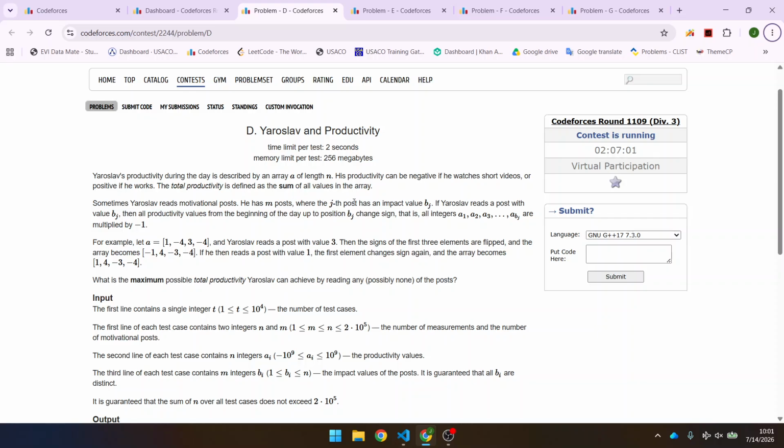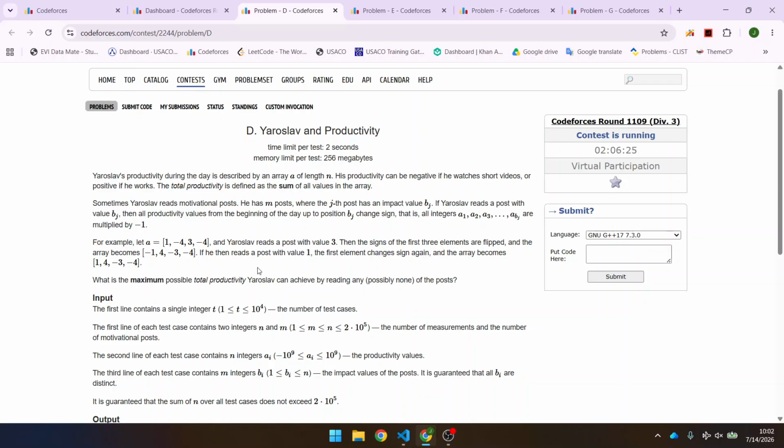Array a of length n, a negative is watching a short video, positive it works. Okay, the sum of all values in an array. Sometimes he reads motivational posts, gets m posts, where j has the impact value of b_j. Beginning of the day up to position b_i, change sign. All are multiplied by -1. Okay, so reads a post of value 3, and the first 3 elements are flipped. Maximum total productivity, right?